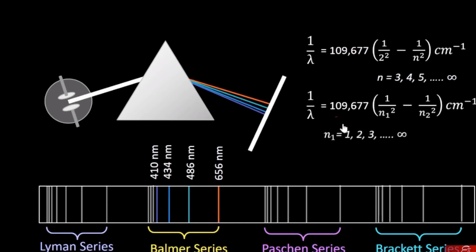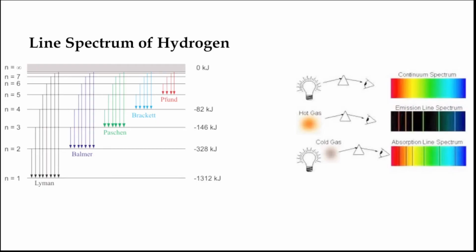So this is actually the general formula for any series. Students, the first 5 series of lines that correspond to n1 equal to 1, 2, 3, 4 and 5 are known as Lyman, Balmer, Paschen, Brackett and Pfund series respectively.